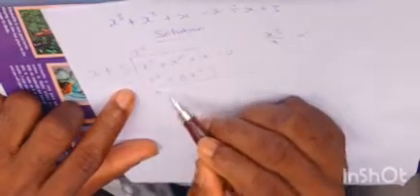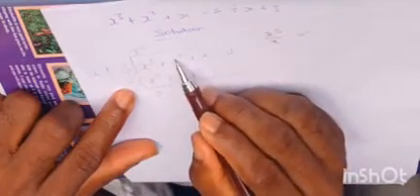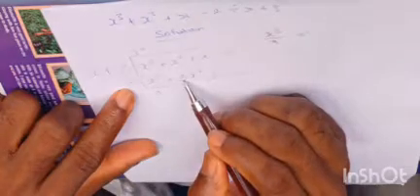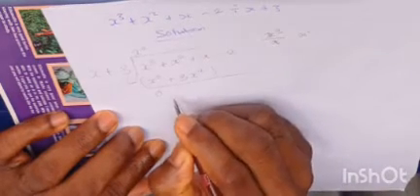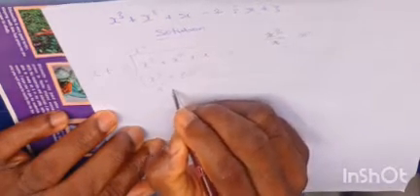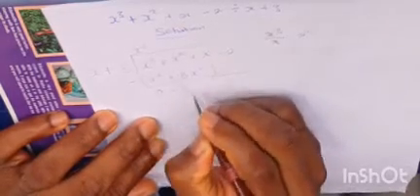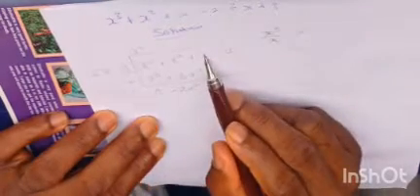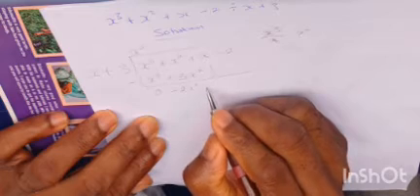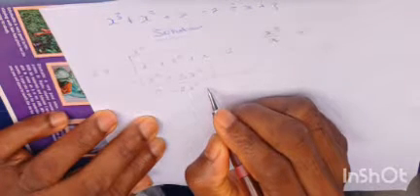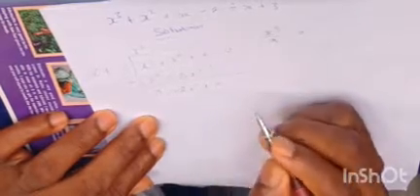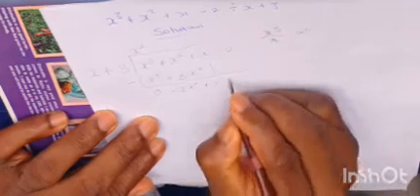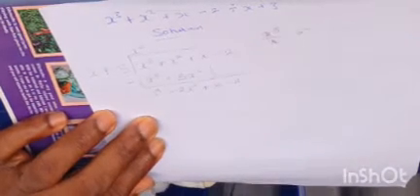This negative sign has also affected this, which means x squared minus 3x squared, we are going to have minus 2x squared. Now we are having x here, we'll bring it down. That is positive x. Then we bring this down, negative 2. Now we are done with the first one.